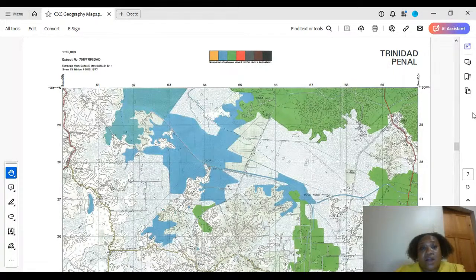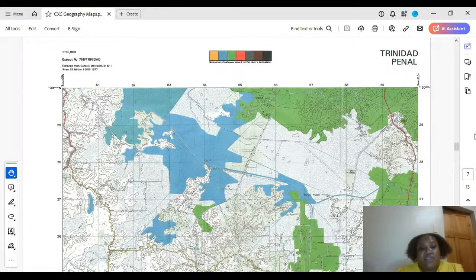And they also ask you to link those things with relief. How relief influences the land use. So you might have to see agricultural land is on the flatter land, whereas you might have quarrying in the upland, highland, steep areas. So you look for that, right? They love to link relief.